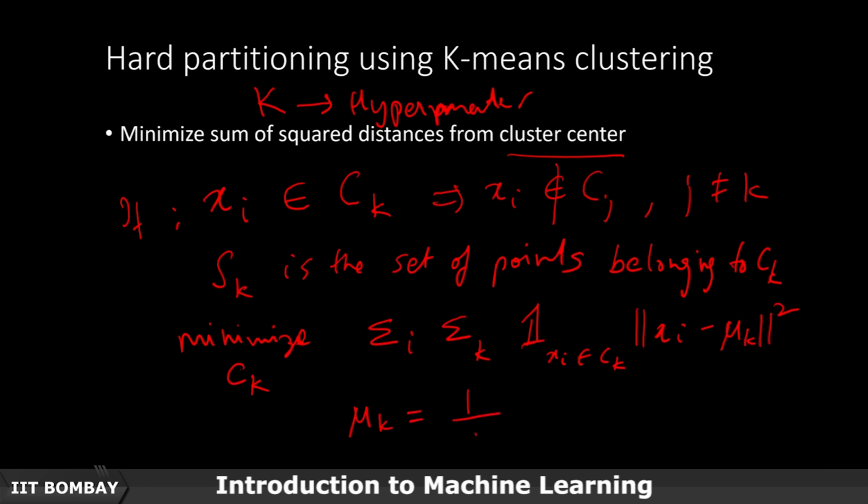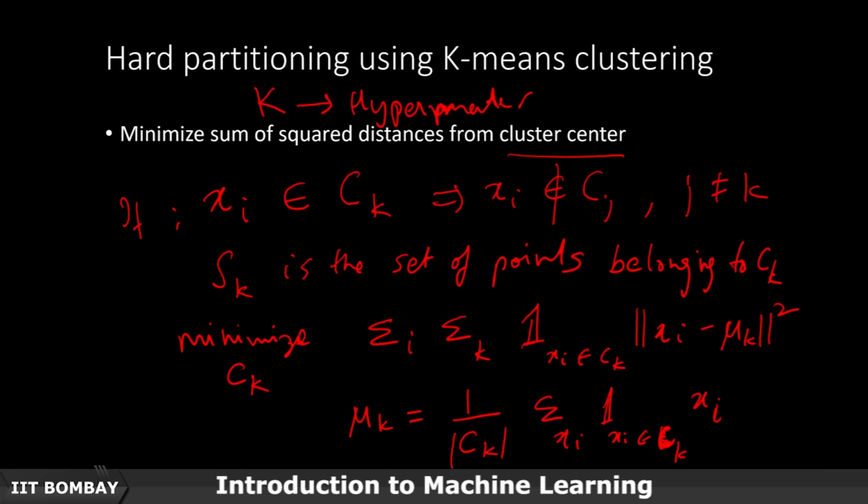So mu k, the centroid, is equal to 1 over the number of points within ck, and we will basically take the sum of the indicator function, xi belongs to ck, times xi. So if we take all the points that belong to one cluster, and we take their average location, that is the centroid.